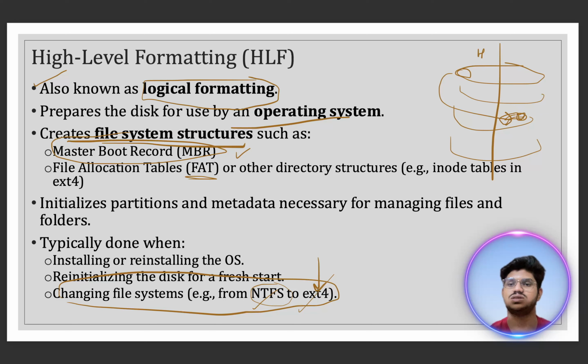This position where the address of the operating system is stored is known as your master boot record. From here we get the address of the location of the operating system, and accordingly the operating system is loaded in the main memory, the system boots, and you see the operating system on your computer.